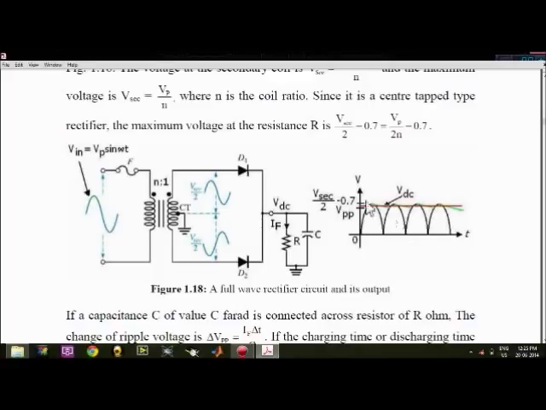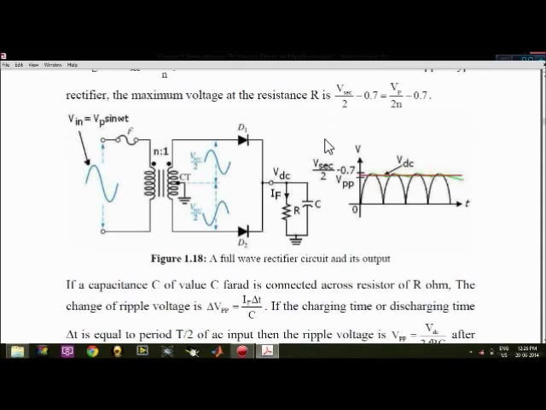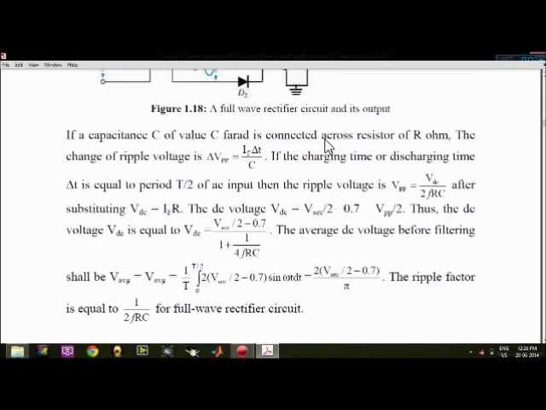And this is the average value, that is the VDC, and as a capacitor is attached to it we will get some ripples, that is VPP, and it will continue so on. But this is the main basic thing about full wave rectification, how it works using the two diodes D1 and D2. This is a type of center tap full wave rectification.